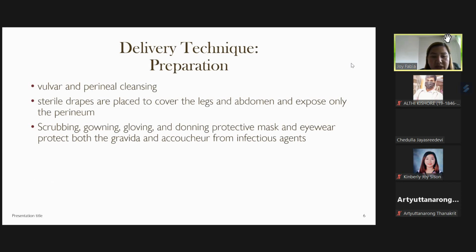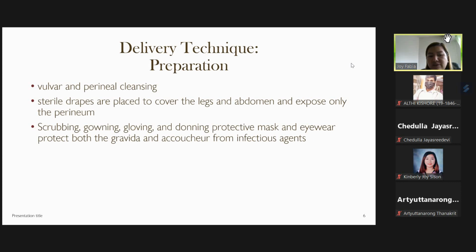Regarding the vulvar and perineum, it is very important that we do cleansing. And then once the patient is already in full cervical dilatation and about to go to the second stage of labor, the sterile drapes are placed to cover the legs and abdomen, and we should expose only the perineal area.